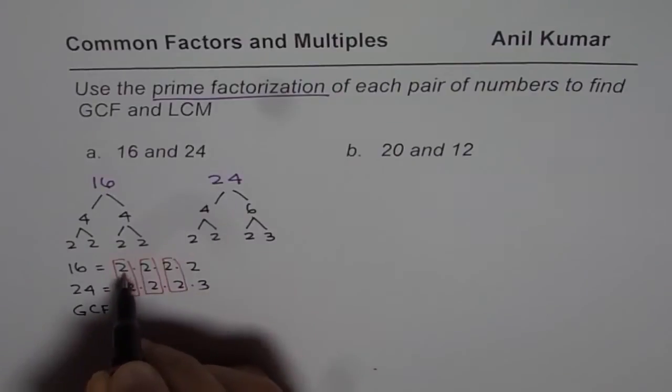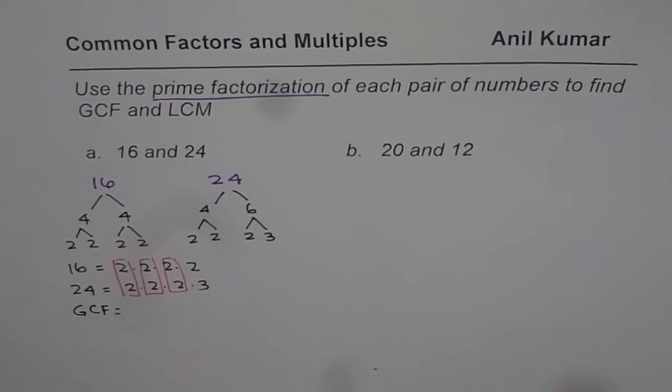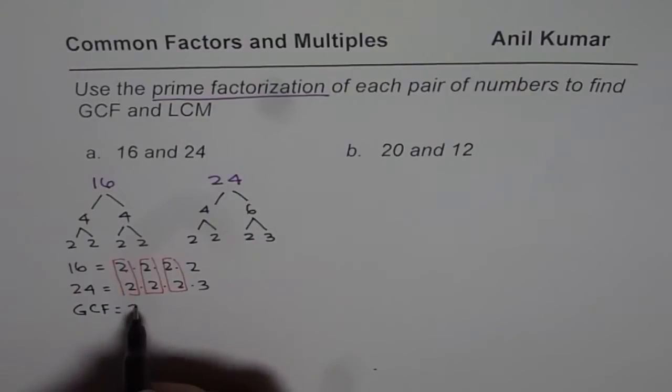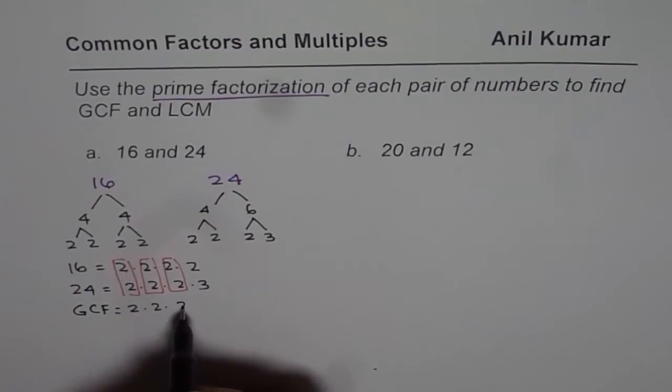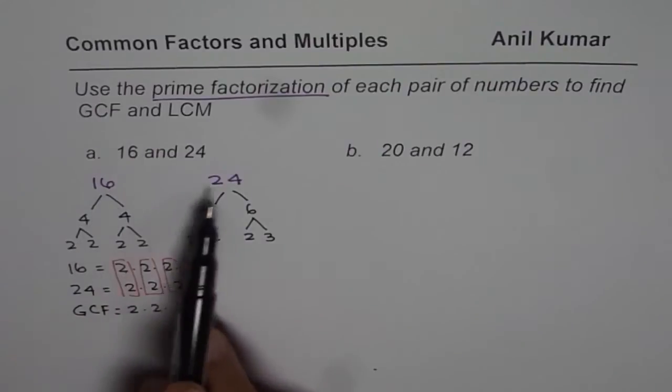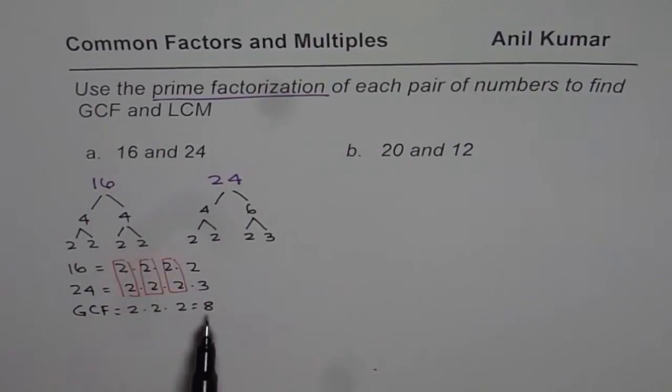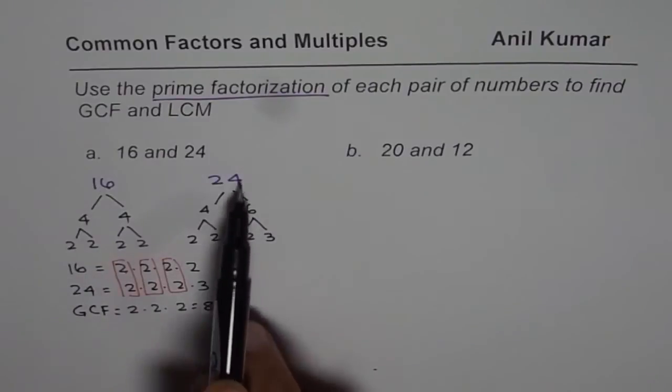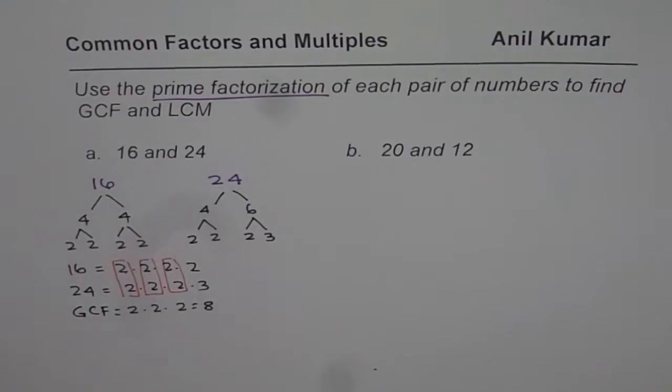So 2 times 2 times 2 is the greatest common factor. These three numbers get multiplied, and we get 2 times 2 times 2, which is 8. So greatest common factor is 8. You can divide both these numbers by 8 without leaving remainder. 8 times 2 is 16, 8 times 3 is 24. So that is a check.